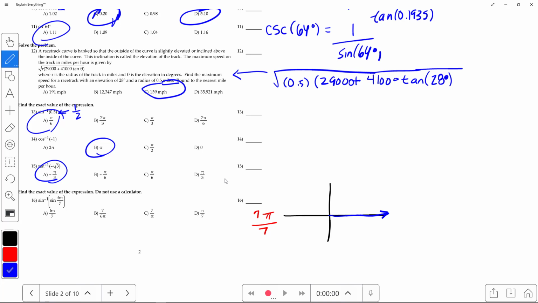And so that says that 6 pi over 7 is somewhere over here, which if you remember with the inverse is the wrong quadrant. We either have to be in quadrant 1 or quadrant 4. The sine being the y value, I just want to move to quadrant 1. If this was 6 pi over 7, this would have to be pi over 7, which would be the same here. So I get D.